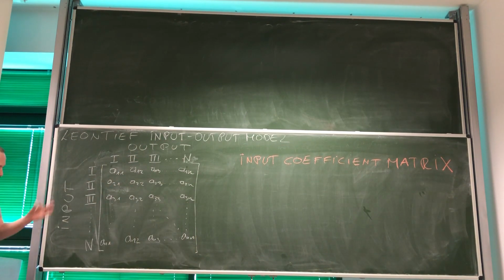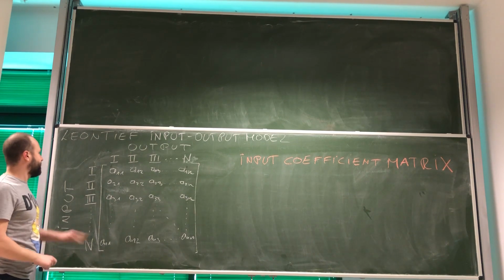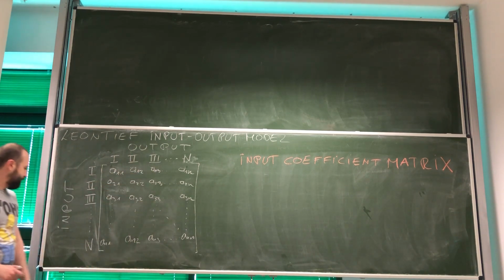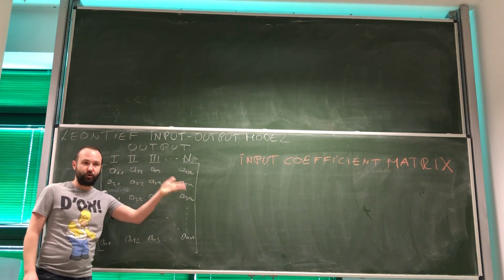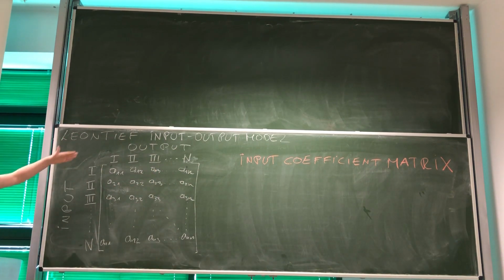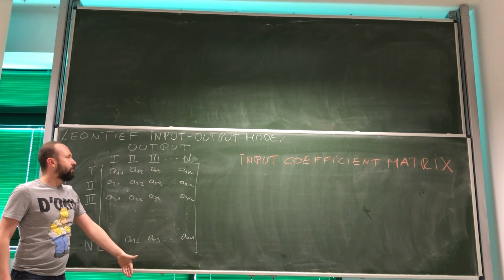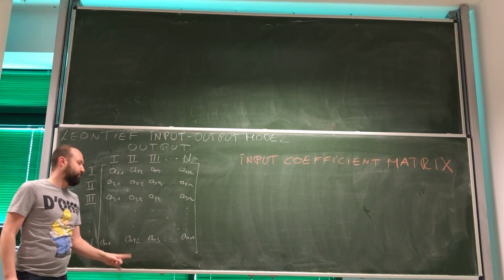So, look, this matrix is, of course, of dimension n by n, because we are assuming we have n different goods, and each row corresponds to a separate input, and each column to a separate output.